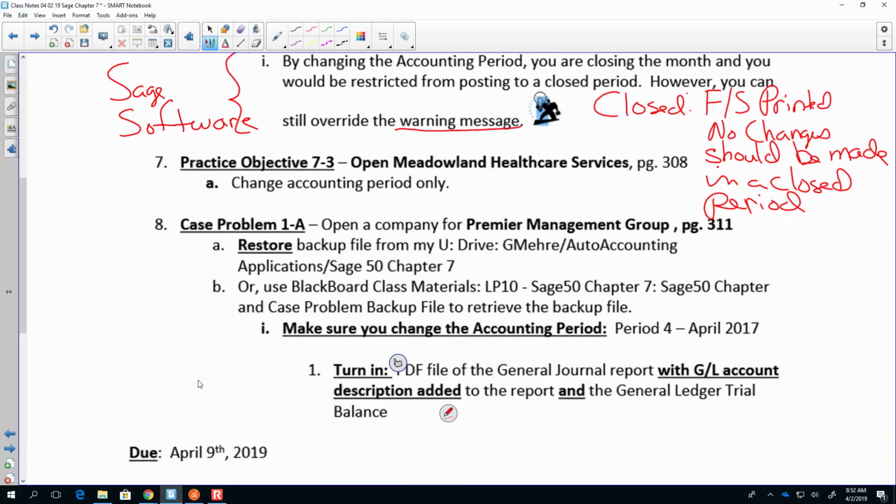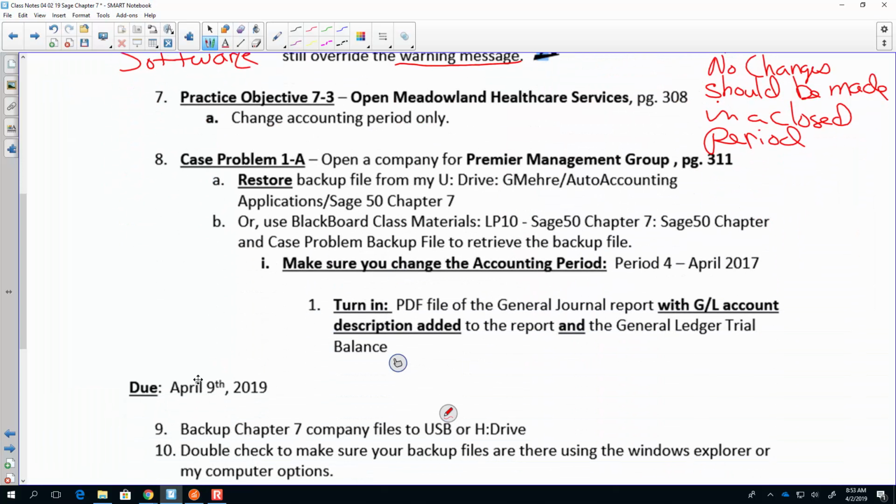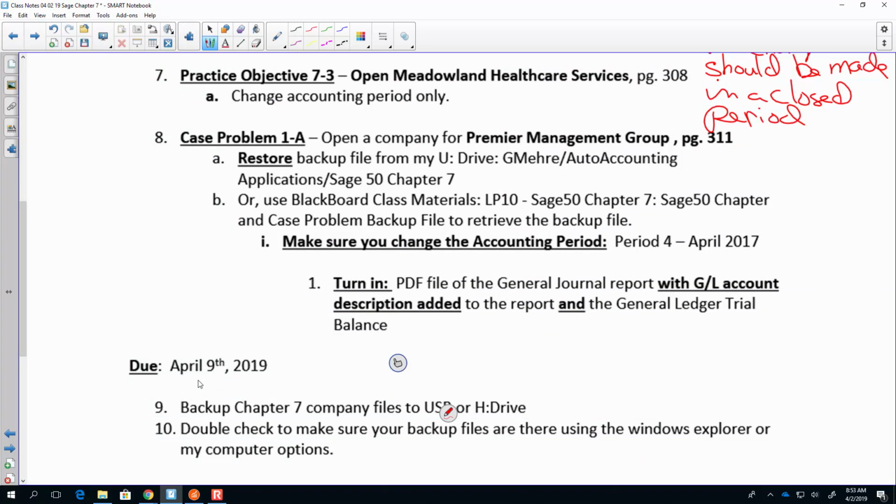For the case then, it is Premier. So if we could turn to page 311. We have to make our adjusting entries for April 30th.